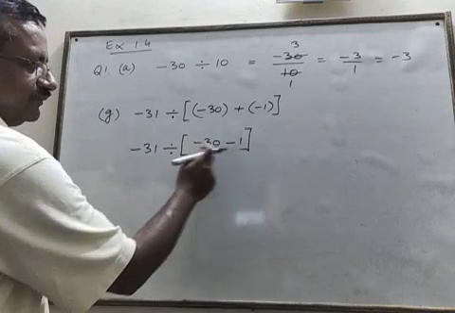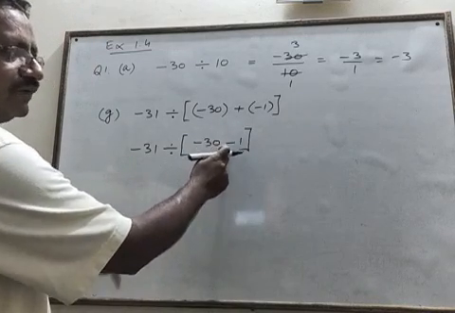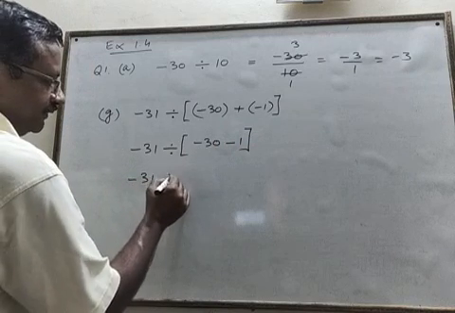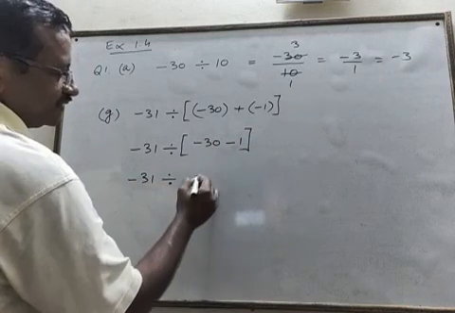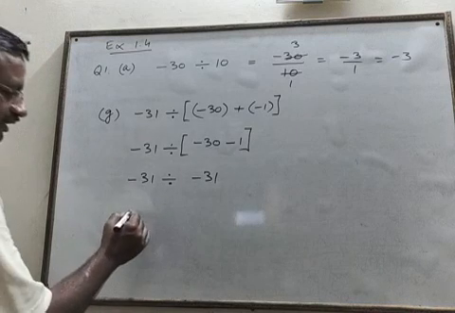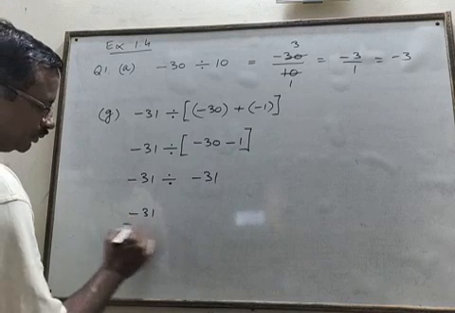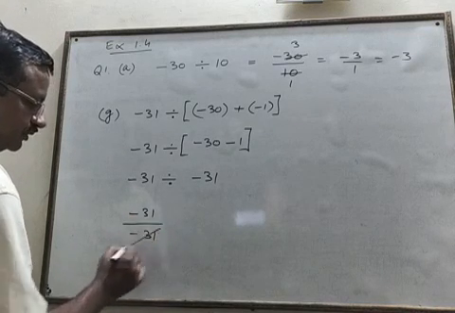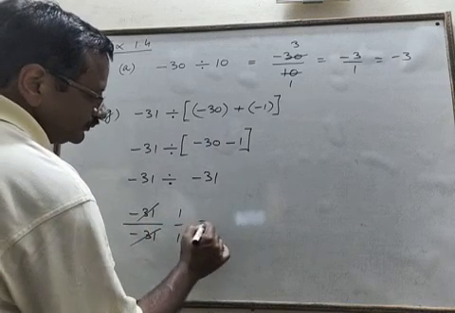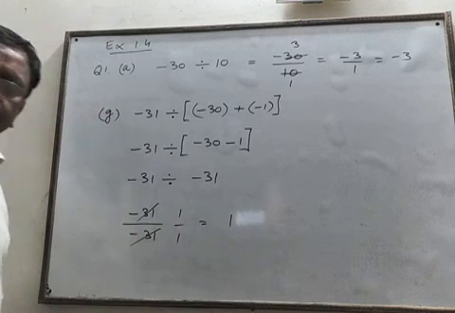Now same sign figures will be added and the sign will remain the same in the answer. Divided by, it will be minus 31. So minus 31 upon minus 31, cross 1 upon 1, the answer is 1.